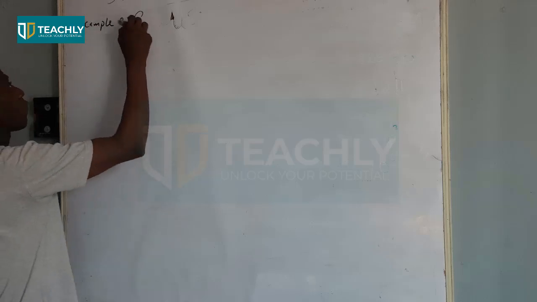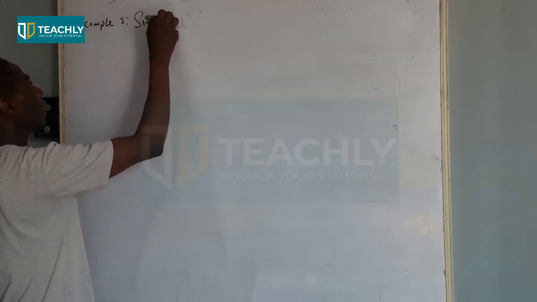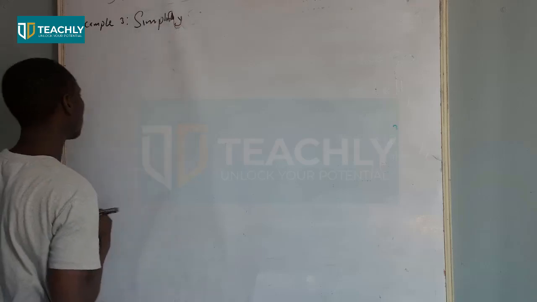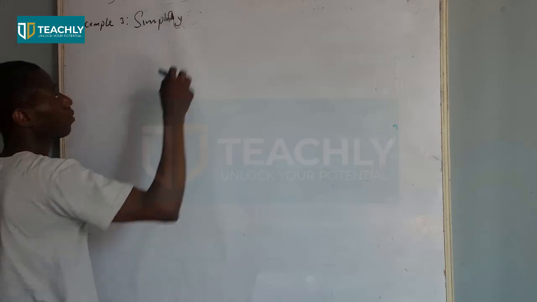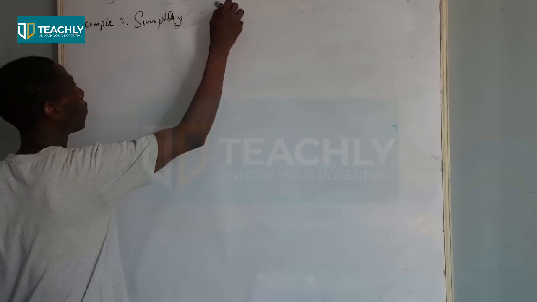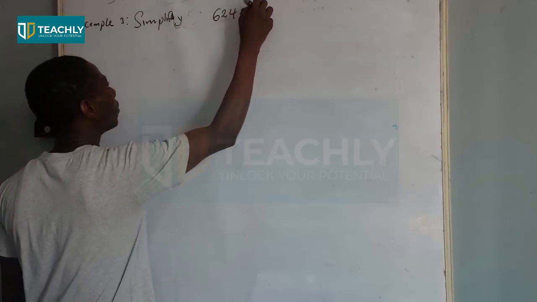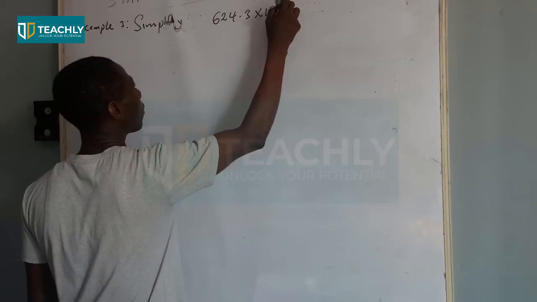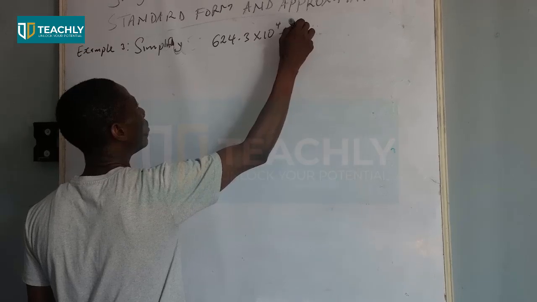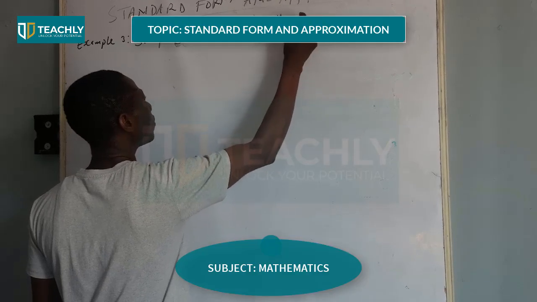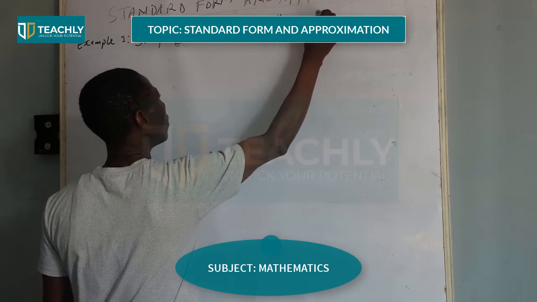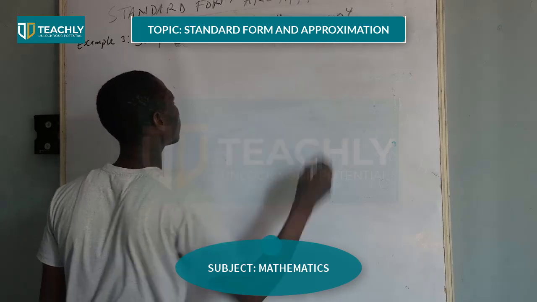So here we have simplified 624.3 raised to 4 plus 6.58 raised to 4.